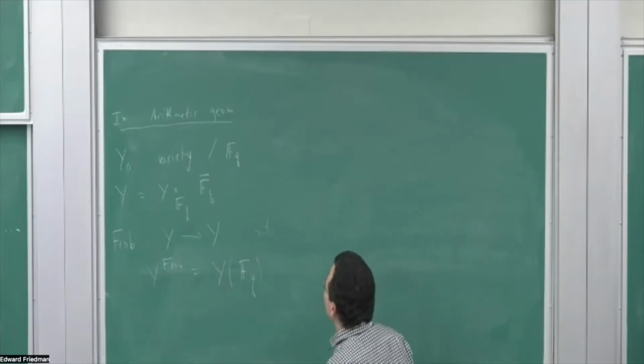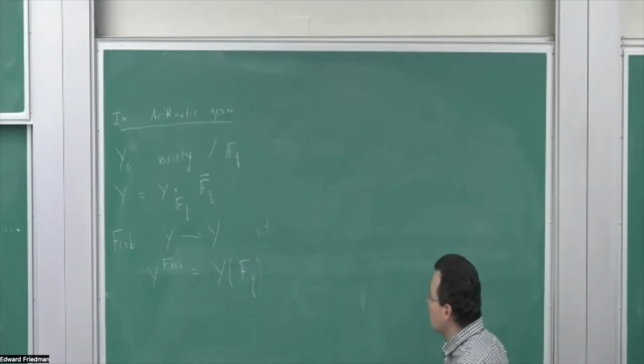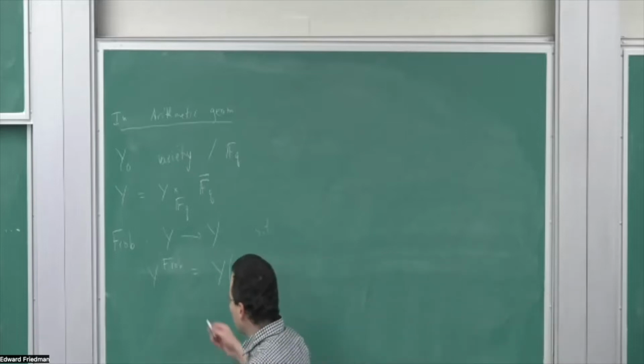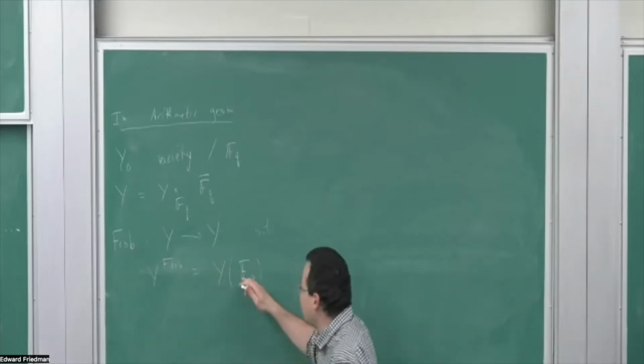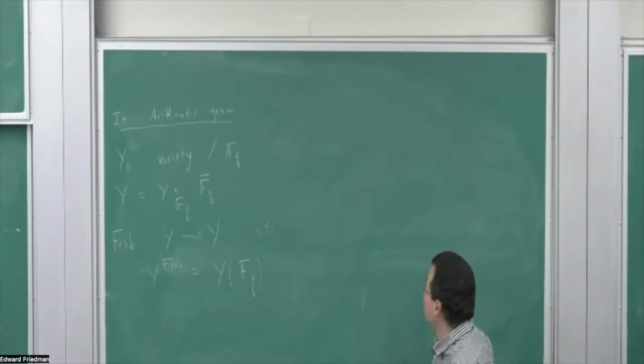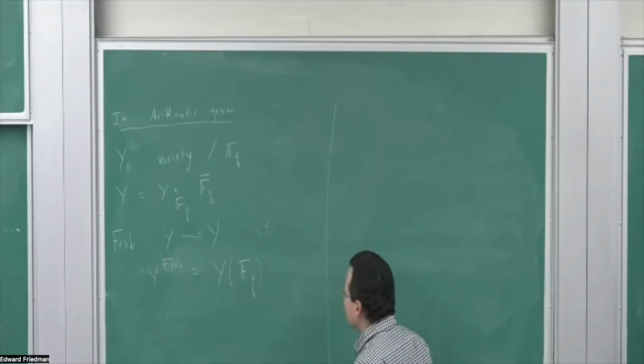Leveraging this standard idea, in other words, the dynamics of the Frobenius homomorphism is exactly the arithmetic of the algebraic variety.